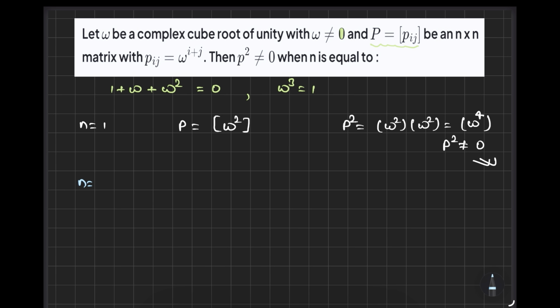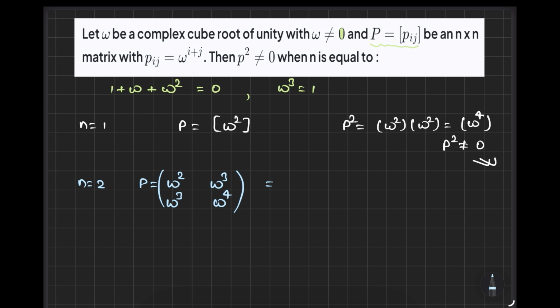Now let's check n equals 2. It is a 2 cross 2 matrix. A11 is omega square, A12 is omega cube, A21 is omega power 3, A22 is omega power 4. So this is your P. Now we are interested in finding P square.